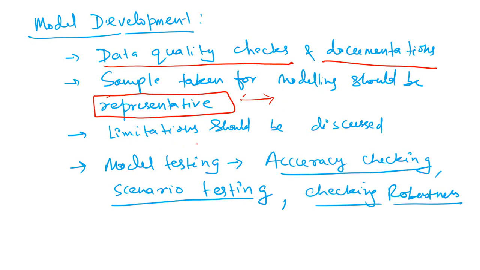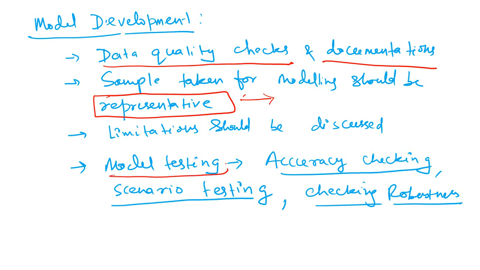And every limitation, whether it's theory, whether it's data, whether it's the model output, should always be discussed with all the stakeholders, so that everyone is aware of under what circumstances the models are not going to perform well.